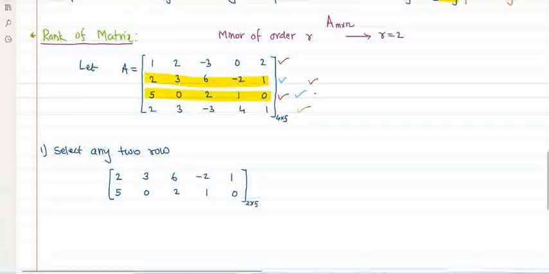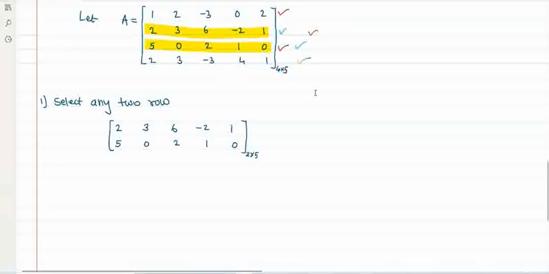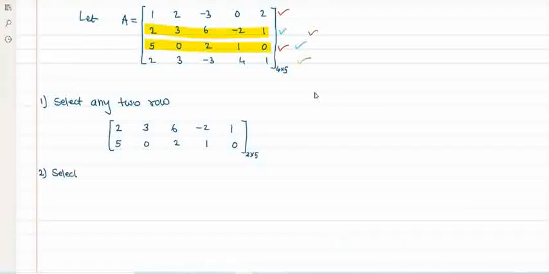Next, step 2: from the new matrix, select any 2 columns. The same concept again: you can select any 2 columns. One may select the first and second column, the first and third, or the second and third.